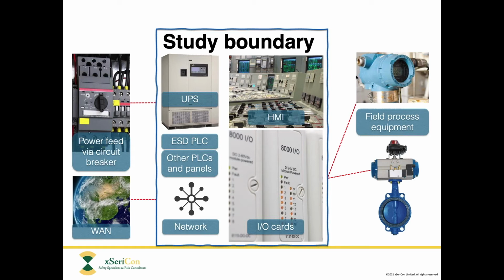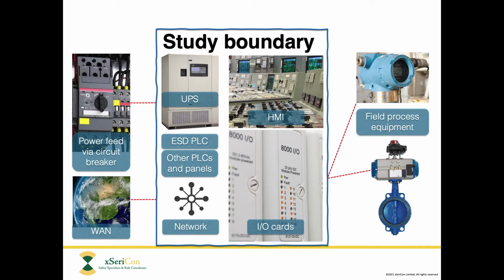It would include the main control panel itself, the PLCs, the ESD system, the UPS, which is the battery backup supply that's dedicated to this system, the operator's workstation or HMI, human machine interface, the IO cards, the network that's associated with the control system, and any other PLCs such as, for example, tank farm management system, or any other dedicated specific control PLCs, and local panels as well, if they have any actual control functions in them.